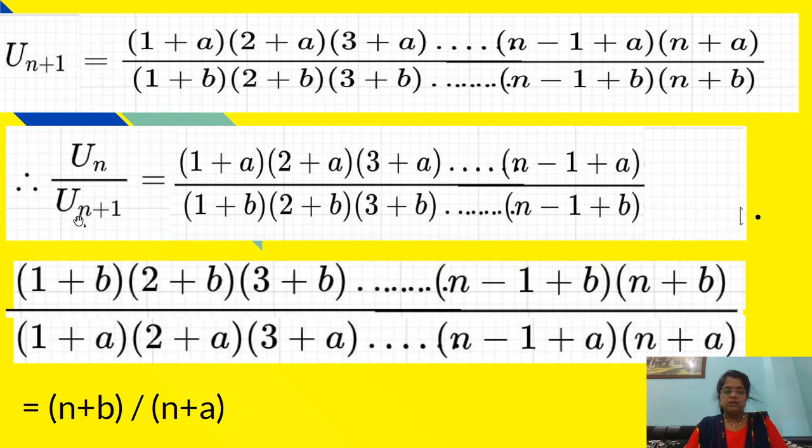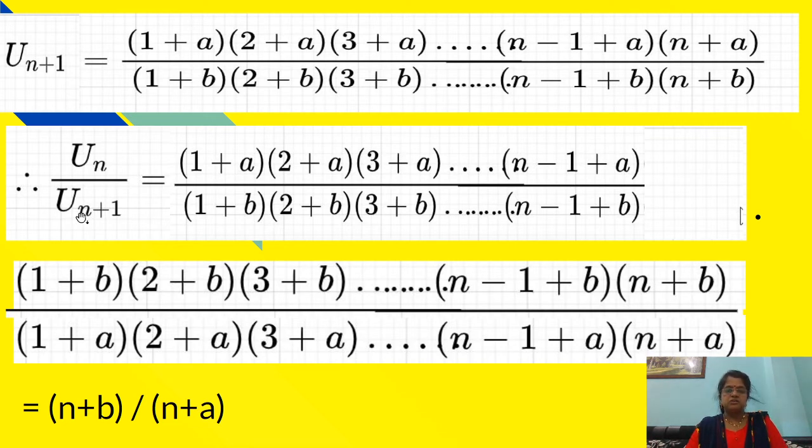Now divided by un plus 1, and therefore that will be equal to 1 plus b into 2 plus b into 3 plus b dot dot n minus 1 plus b into n plus b divided by 1 plus a into 2 plus a into 3 plus a dot dot n minus 1 plus a into n plus a.